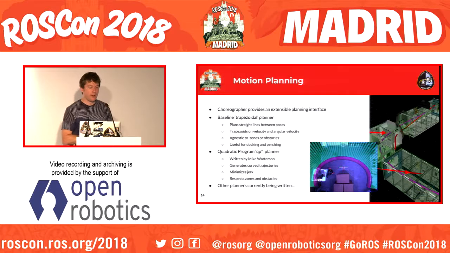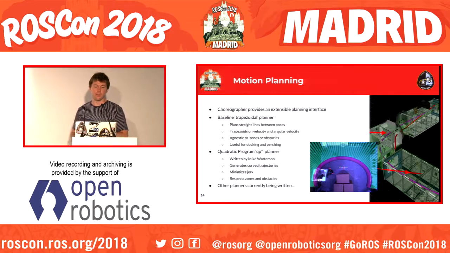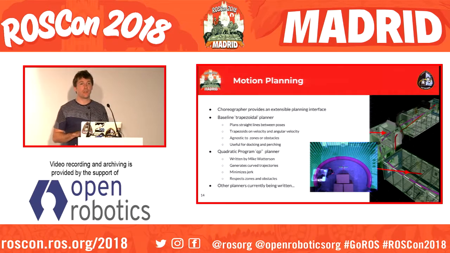We also have the quadratic program planner, which was written by Mike Watterson. He works at UPenn with that fantastic quadrotor team, Vijay Kumar. And this is the planner that they effectively use to generate curved trajectories for their quadrotors in real time. What it does is it finds a trajectory to get from a starting point to an end point, respecting any keep-in and keep-out zones and minimizing overall jerk in the system.